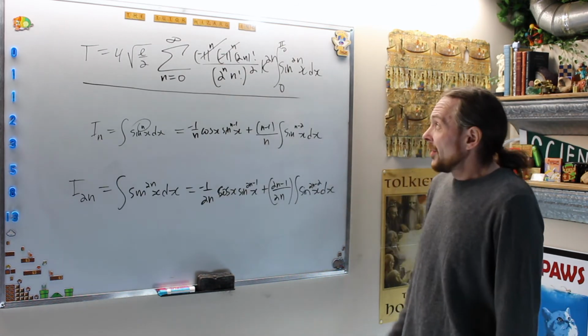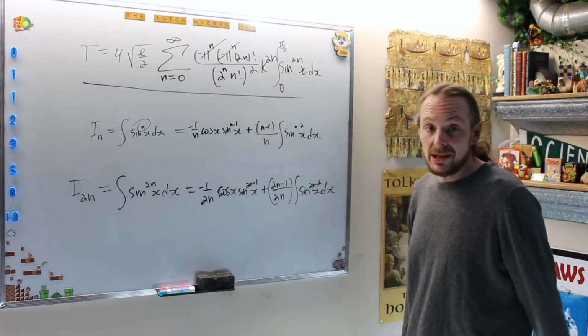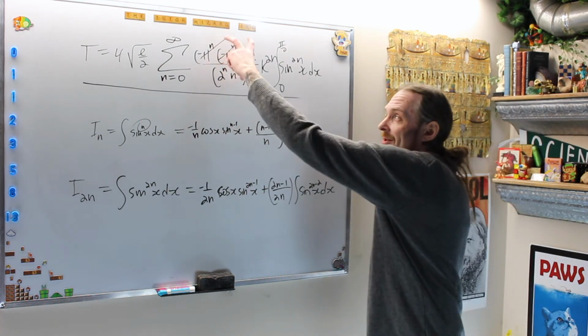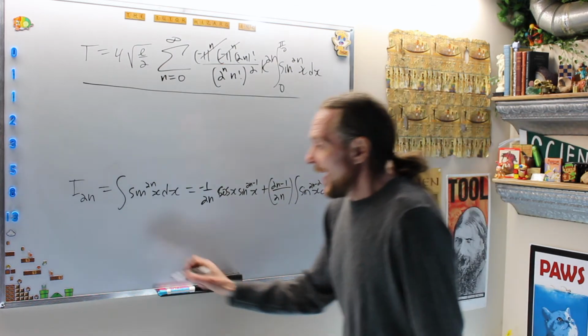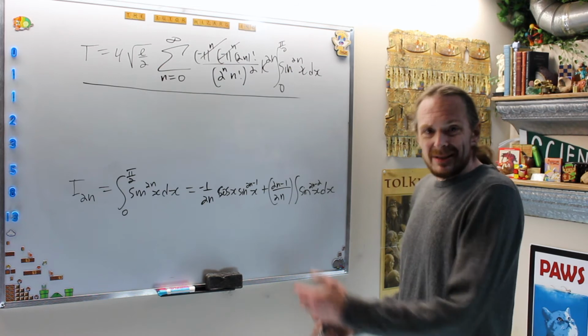Now I have the reduction formula for that guy. Now we put the bounds on there and see the magic that happens. We get something awfully similar to this with a pi over 2. Putting the bounds on there and using the formula now.